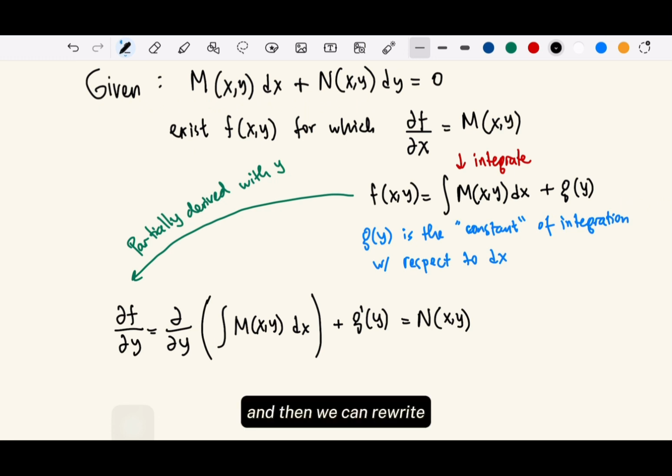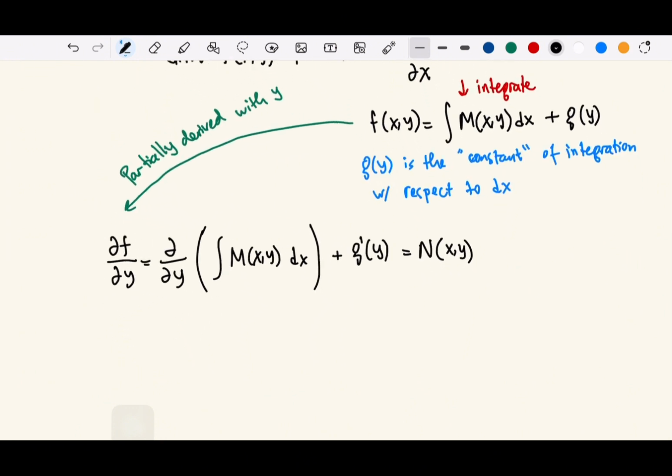And then we can rewrite this. Take the g prime y.